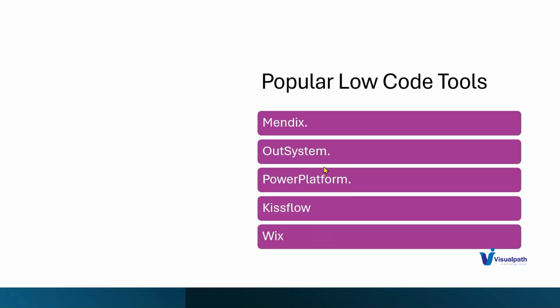But adoption of Power Platform has drastically increased over the past few years. Because this Power Platform is by Microsoft, the reliability factor is high. And in most of the companies, their modern workplace solution is Office 365, right? In every company, they use the Microsoft ecosystem, or the Microsoft suite of applications for their workplace solutions.